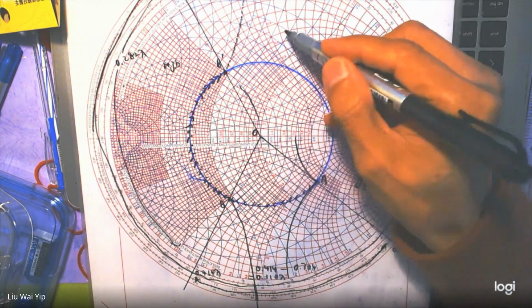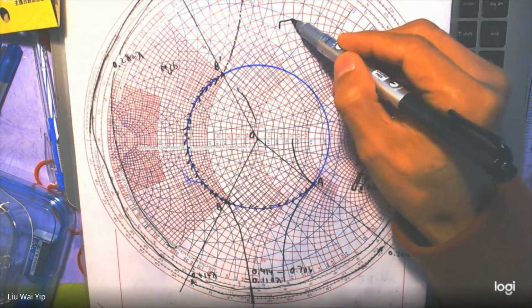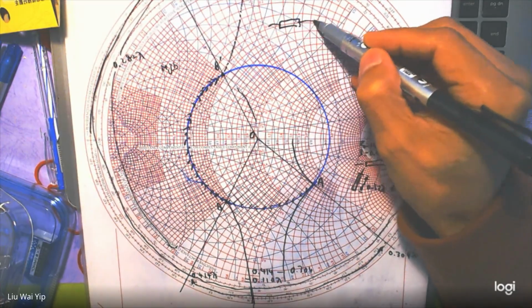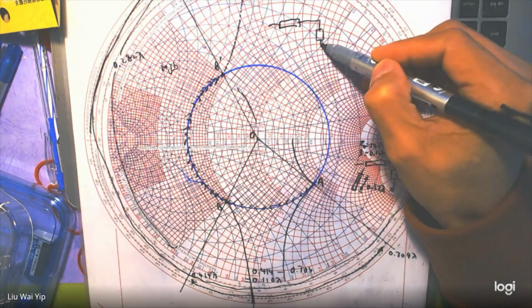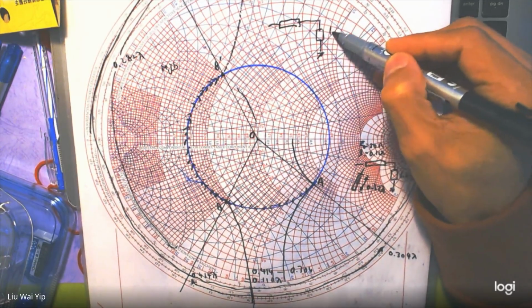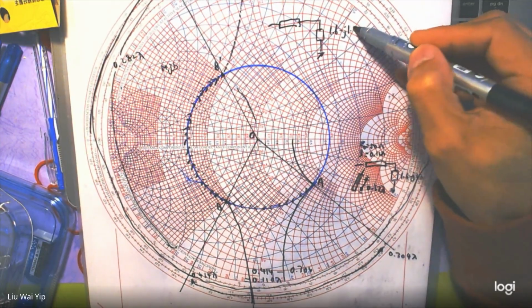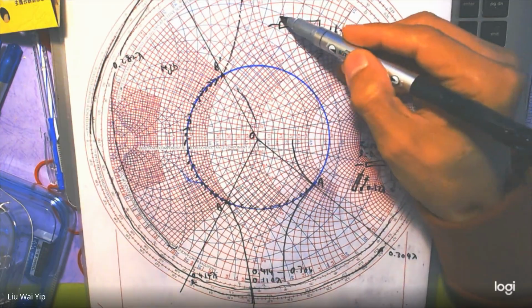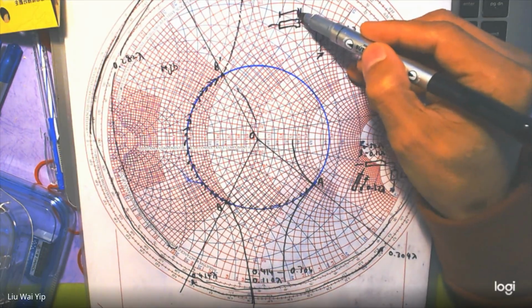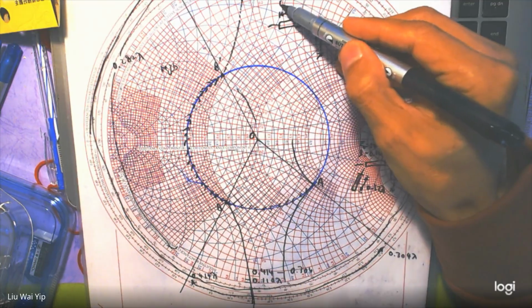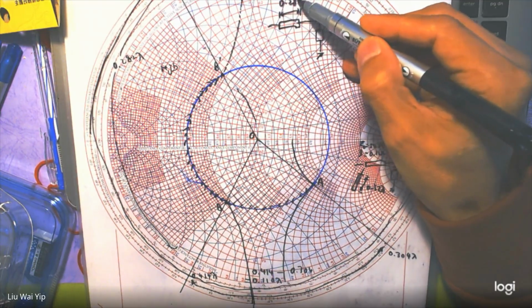So what you need is another matching network. The load is 1.6 minus j1.2, and the total length here is 0.282 lambda.